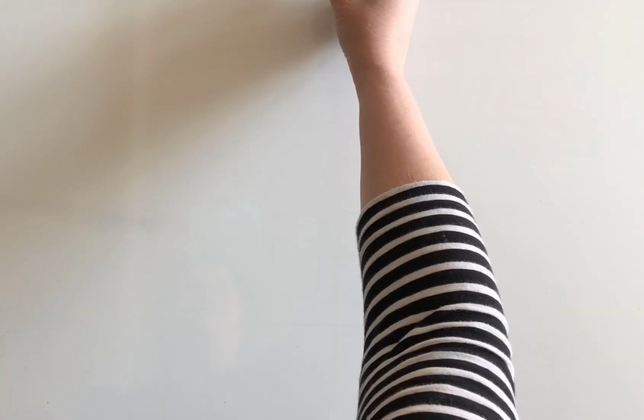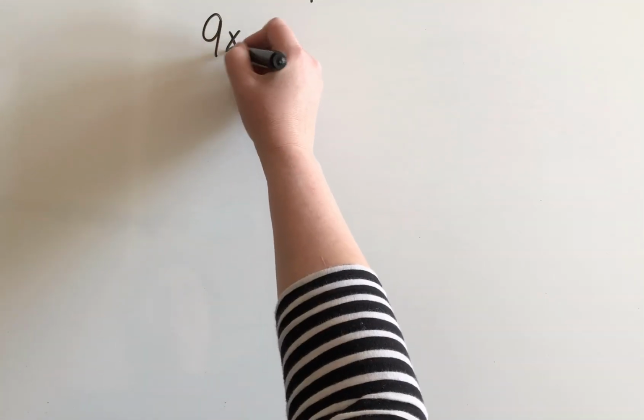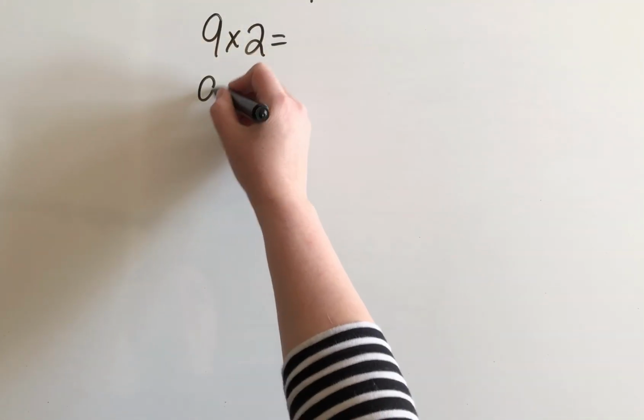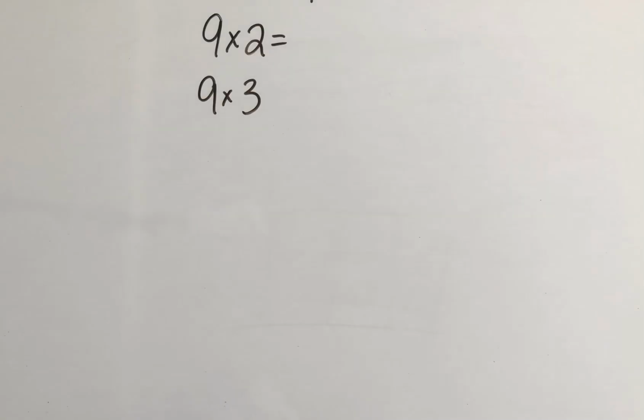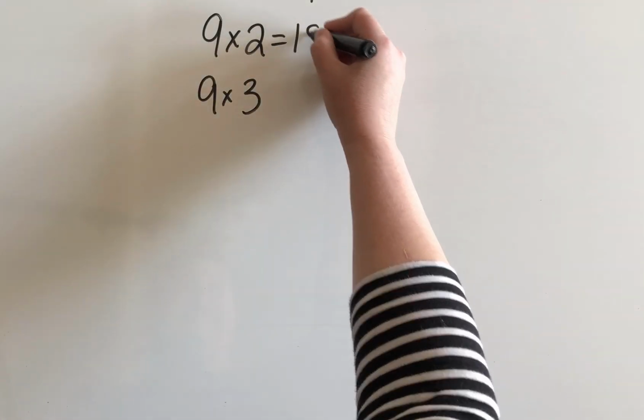9 times 1, we could use that strategy, or we could just use what we know about multiplying by 1. Let's use what we know about multiplying by 1 to know that 9 times 1 is 9. 9 times 2. So 9 times 2, let's think about 10 times 2. That makes 20. And then we will subtract one group of 2 to make 18.